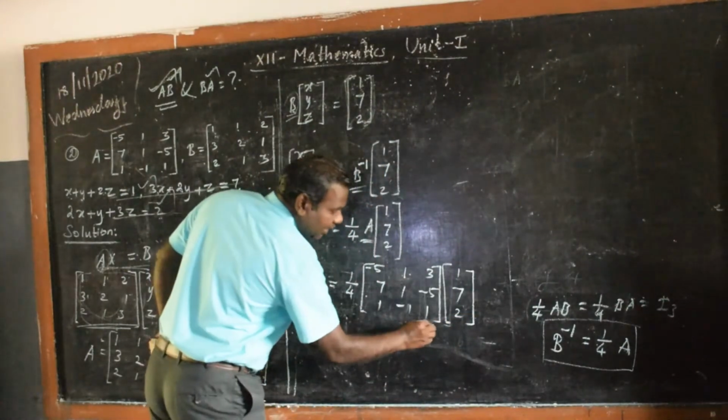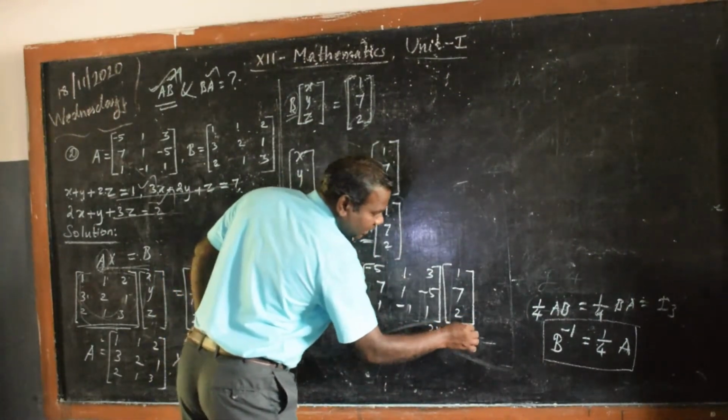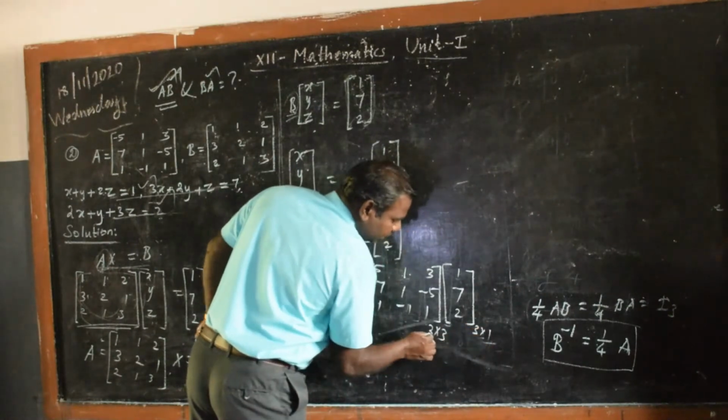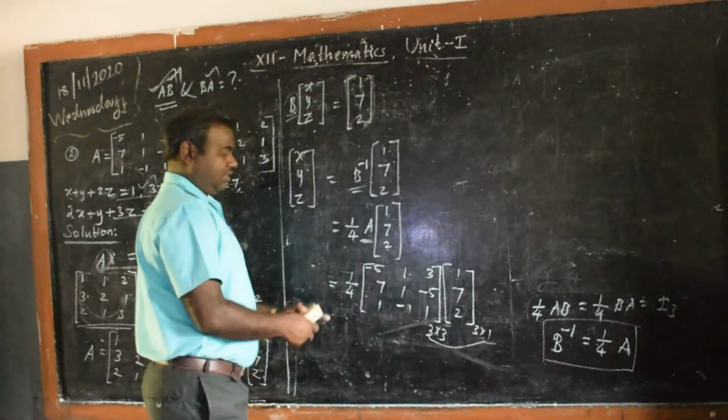The first matrix order is 3 by 3 and the second is 3 by 1, so the result is 3 by 1.